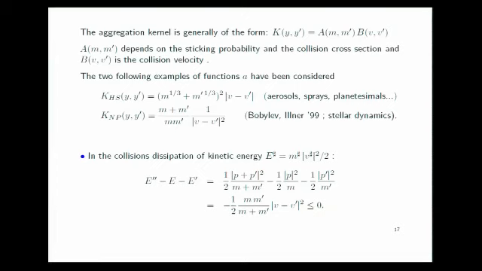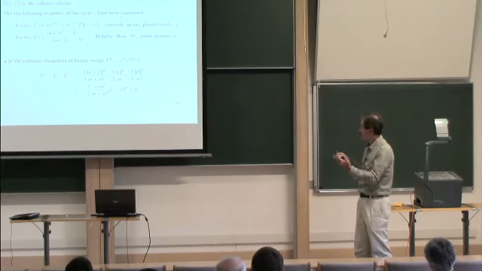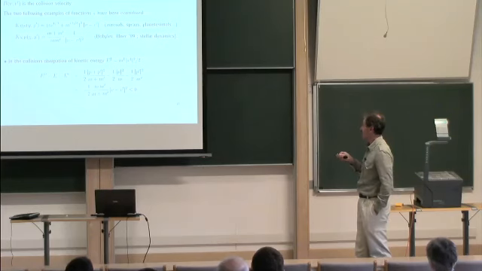Now, an important remark is that the collisions do not conserve the energy. You dissipate energy. It's a very simple calculation: the difference of the energy of the outgoing particle and the sum of the energies of the incoming particles is strictly negative.